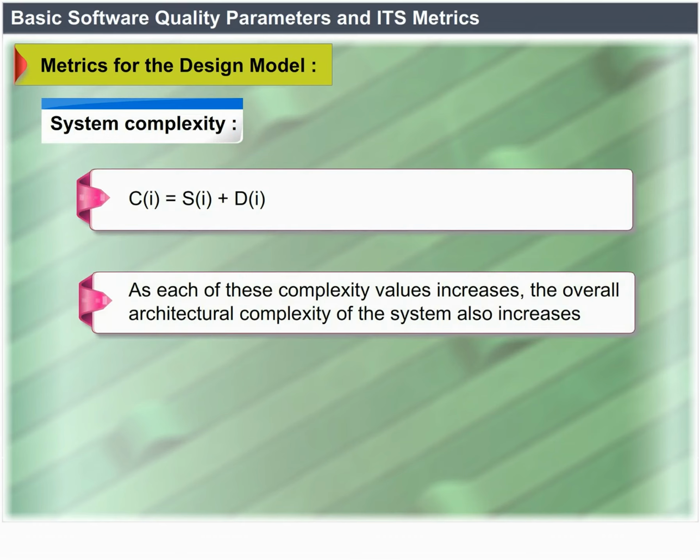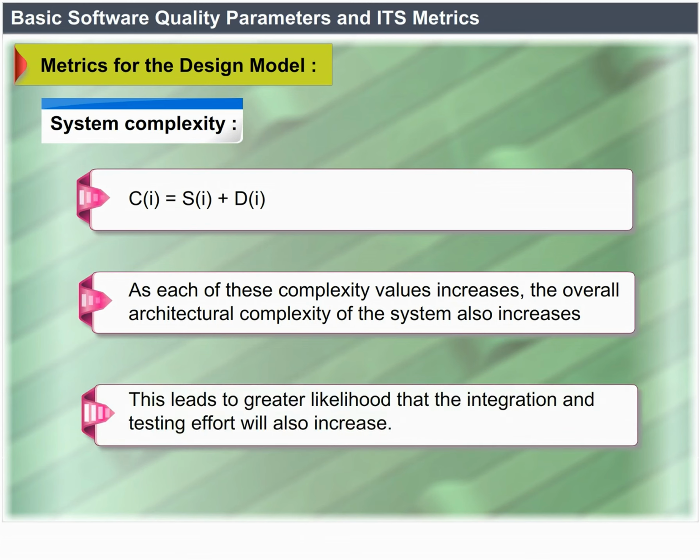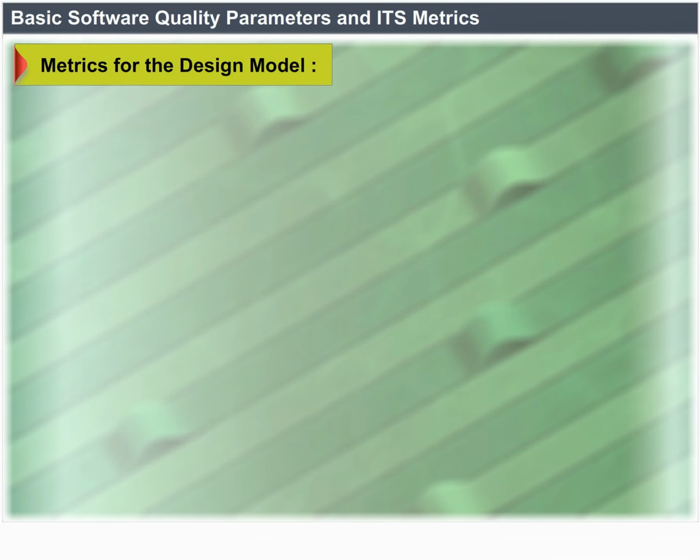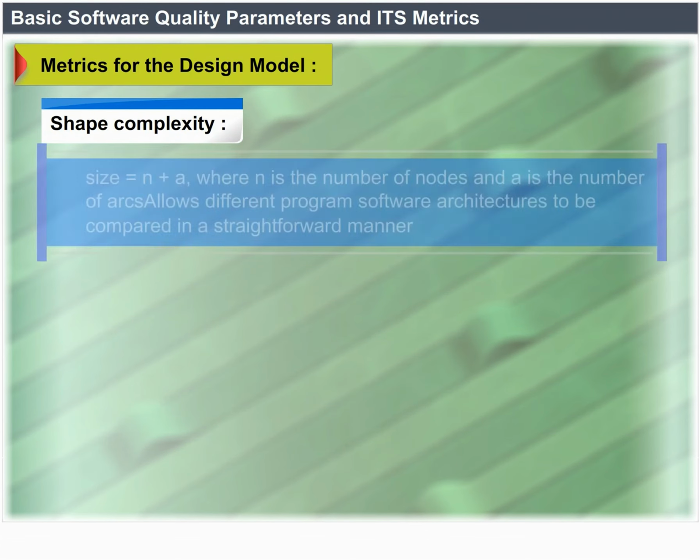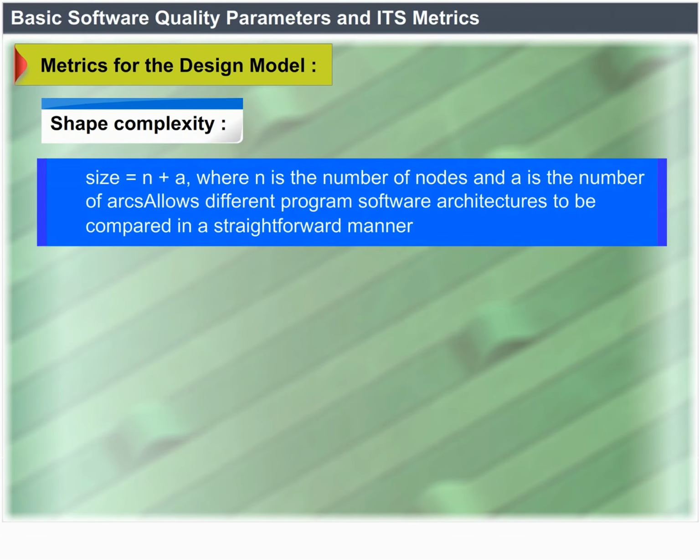As each of these complexity values increases, the overall architectural complexity of the system also increases. This leads to greater likelihood that the integration and testing effort will also increase. Shape complexity: size = n + a, where n is the number of nodes and a is the number of arcs, allows different program software architectures to be compared in a straightforward manner.